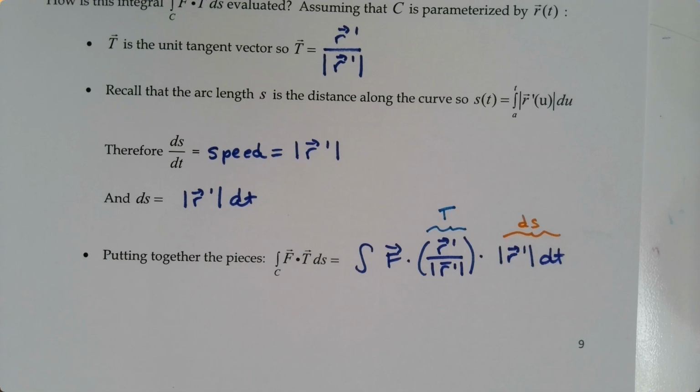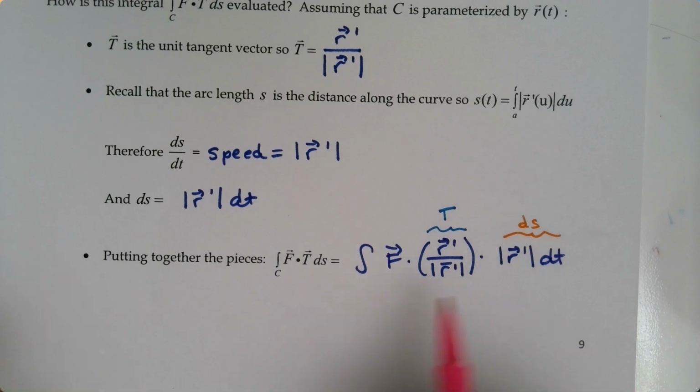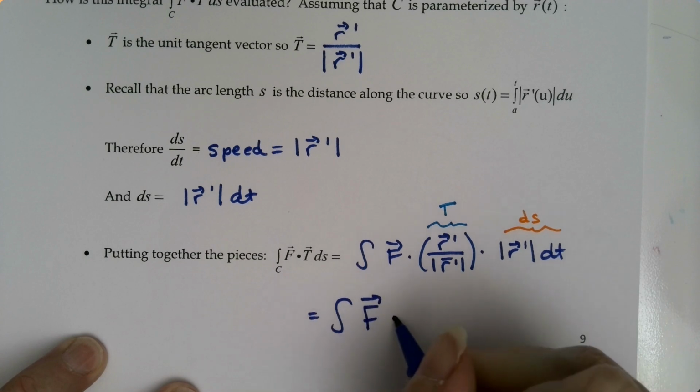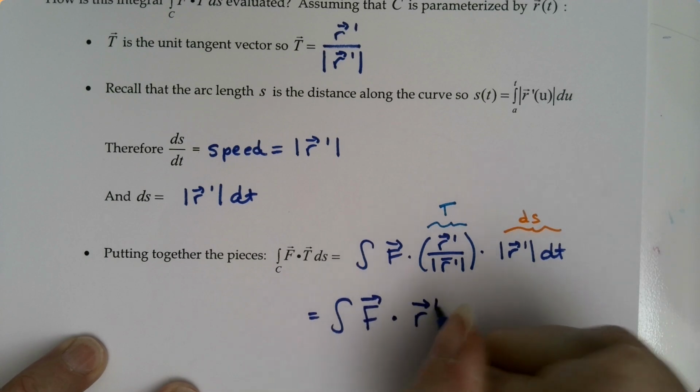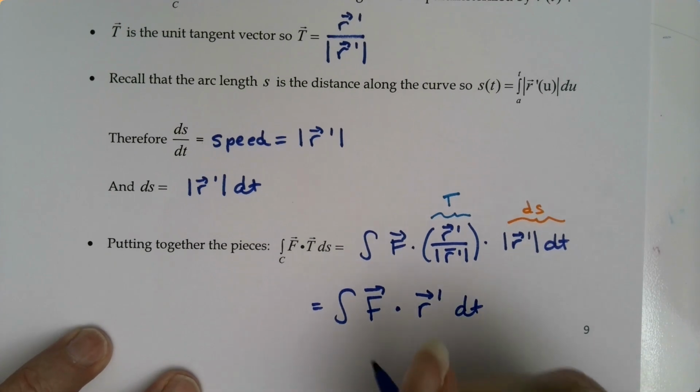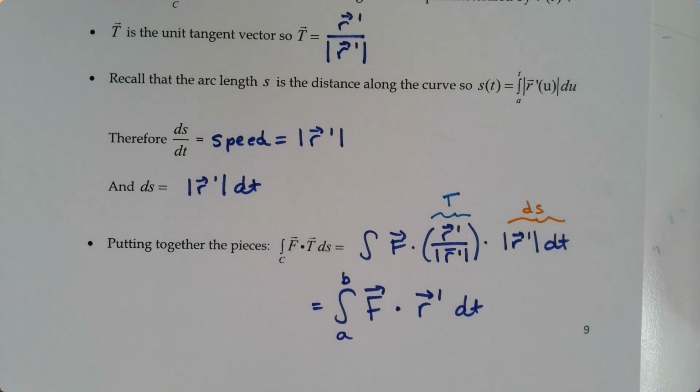Okay, so obviously we cancel a couple things, and then we multiply. So this would be equal to the integral of the vector field dot product with r prime dt. And we would go from A to B along our curve, assuming that our curve is parameterized somehow.